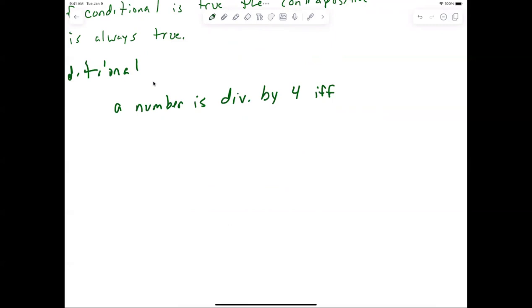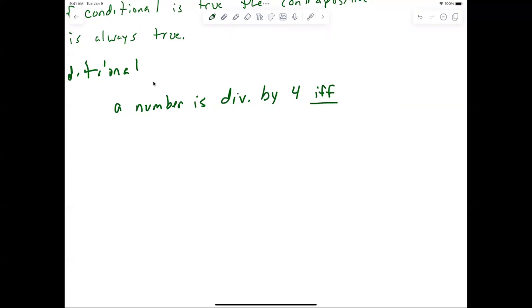Notice that's how I write if and only if. Why is it just IFF? That's an abbreviation for if and only if. I don't know why they do that either, but you can also write it out.